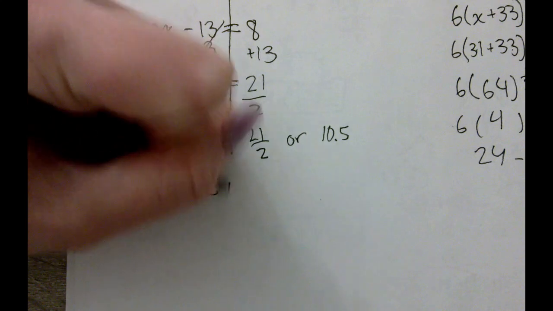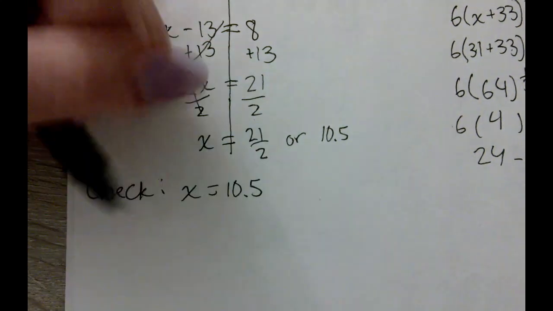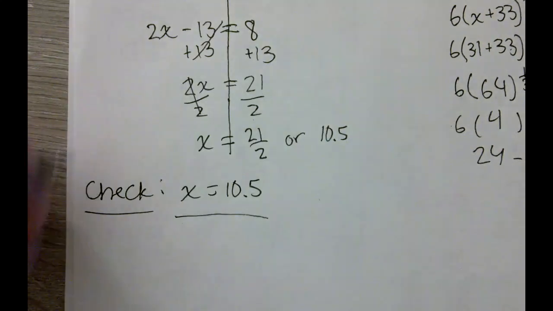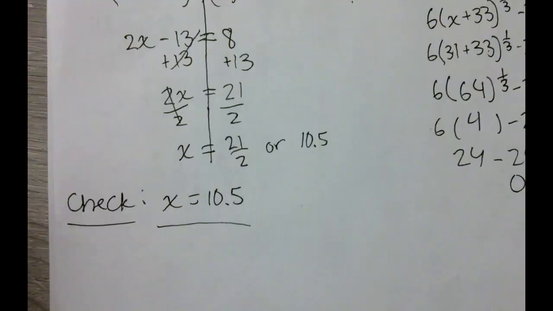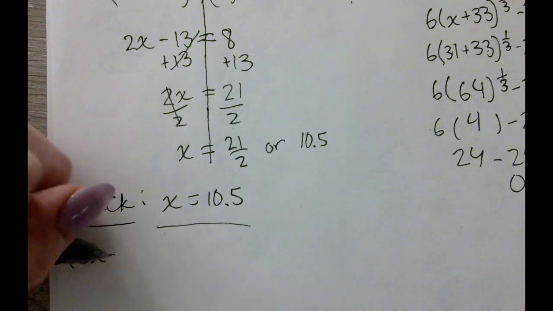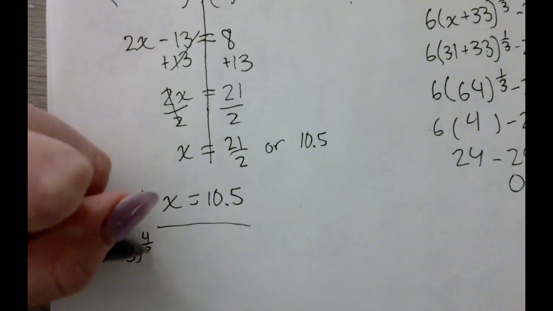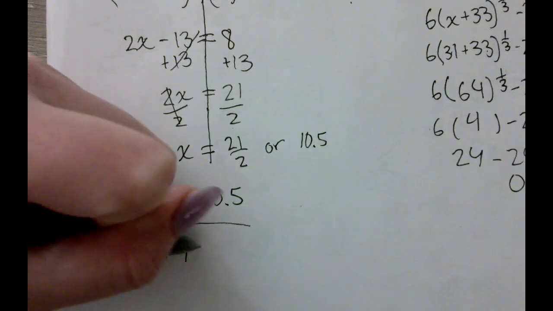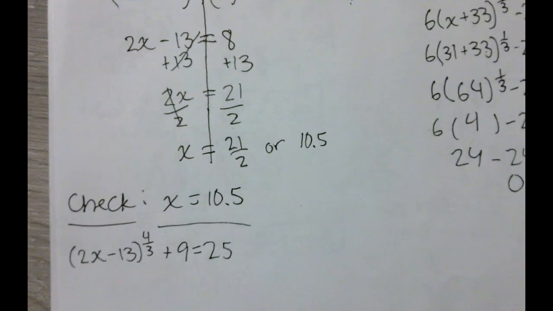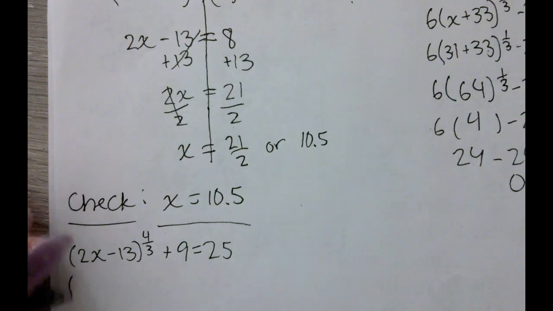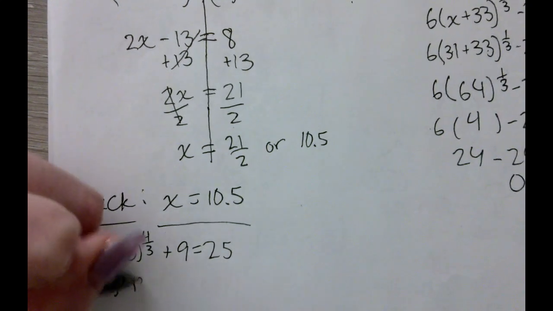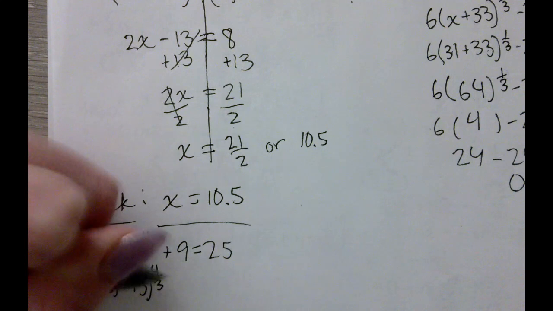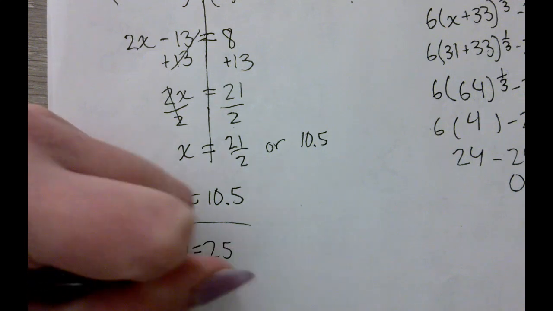So for the check, I will use the decimal since that's a little easier. We plug it into the original problem. 2x minus 13 to the 4/3 plus 9 equals 25. Plug in for x: 2 times 10.5 minus 13 to the 4/3 plus 9 equals 25.